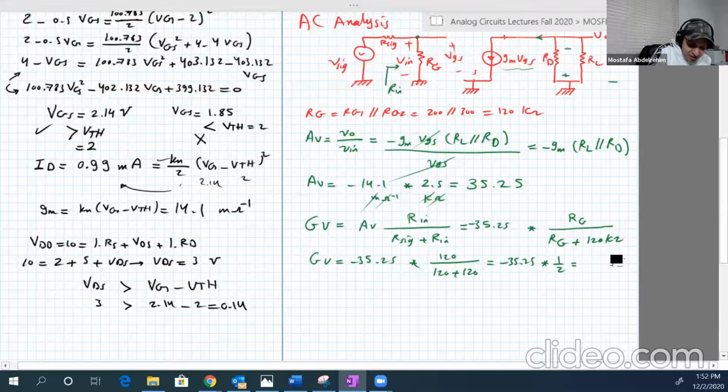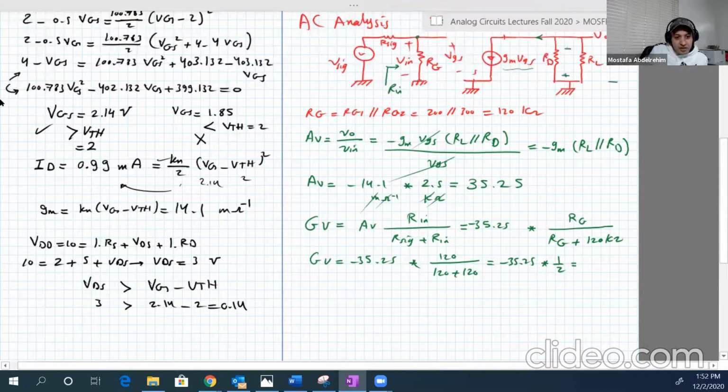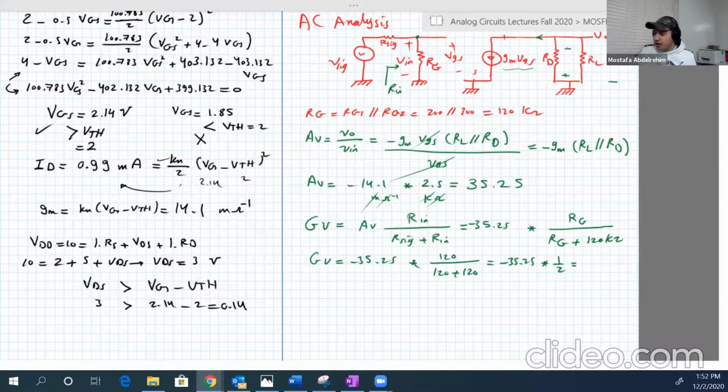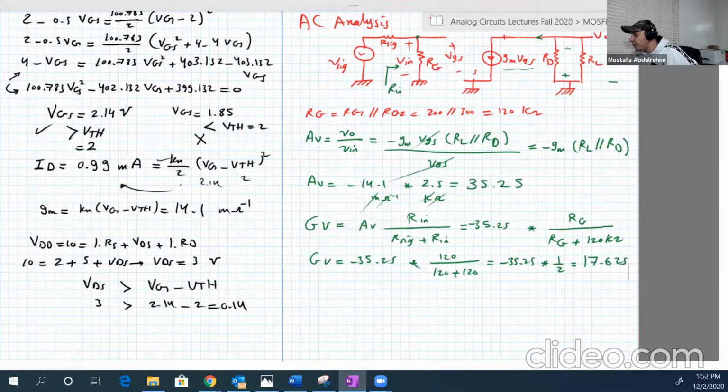The old value of AV. If you do it very quick here, multiplied by half, yeah, 17.625, like what I said. And from our analysis now, we found that the output is 321.345 millivolt.